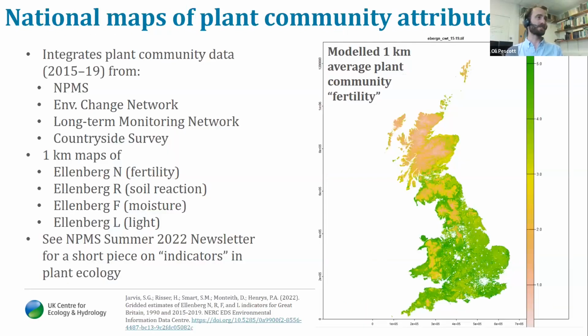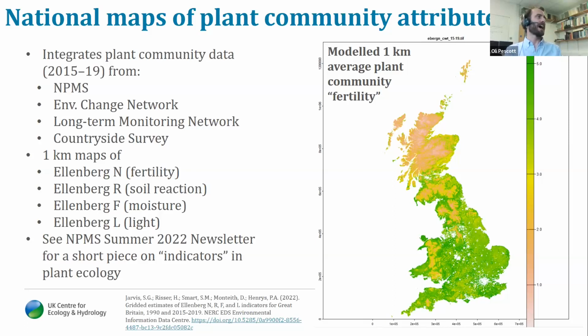A similar type of application, but a bit more abstract. This was done by colleagues at UKCEH Lancaster, and what they did is they took again the plant community data from the NPMS, and this is not just the habitat labels, but the actual species information and their abundances, and linked it to other data, actually the same monitoring schemes that I mentioned in terms of the climate change exposure piece that we did.